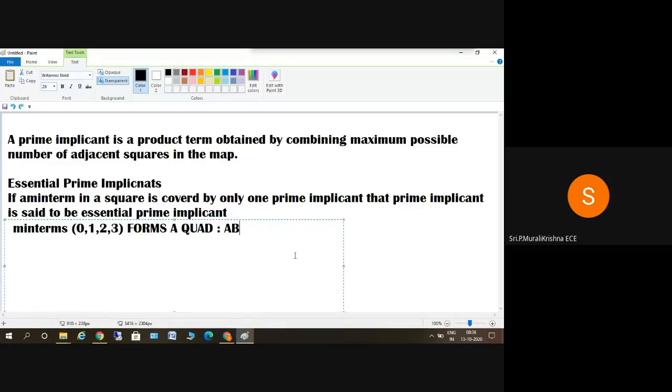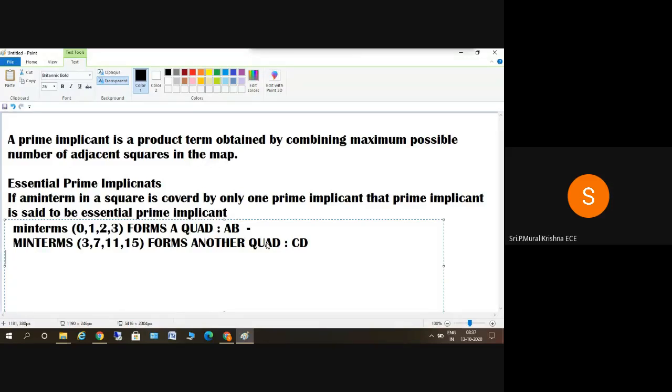Okay, forget about the spelling mistakes. So this AB, we'll check it. In terms of min terms, 3, 7, 11, 15 form another quad, and I'll give it as CD, whatever the term.